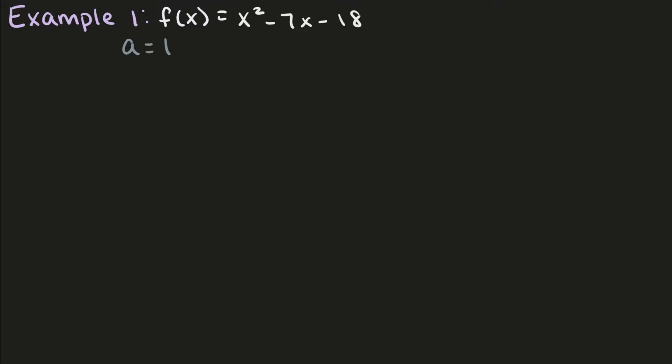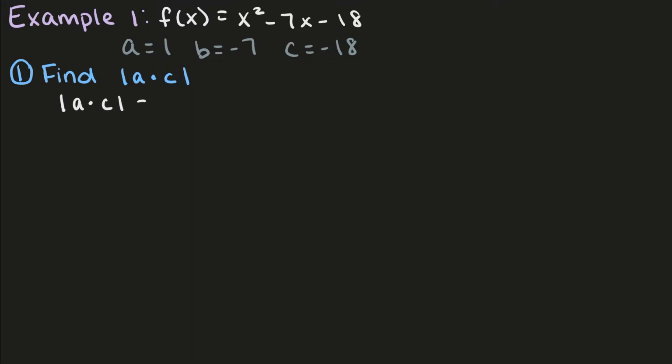Let's look at some examples. Let's take f of x equals x squared minus 7x minus 18. A equals 1, b equals negative 7, and c equals negative 18. First, we'll find the absolute value of a times c.